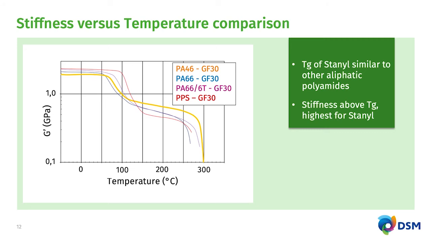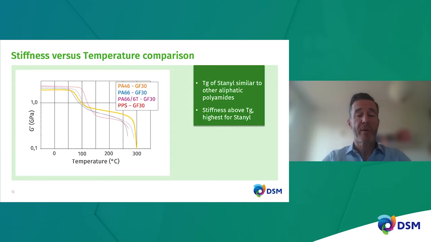But with Stanyl polyamide 4,6, due to its high crystallinity, as you can see in the yellow curve, above Tg, the mechanics are highest compared to all the other polyamides and PPS in the graph. So above Tg, Stanyl shows the highest mechanical properties, which are of course beneficial for the dimensional stability of the electrical device.